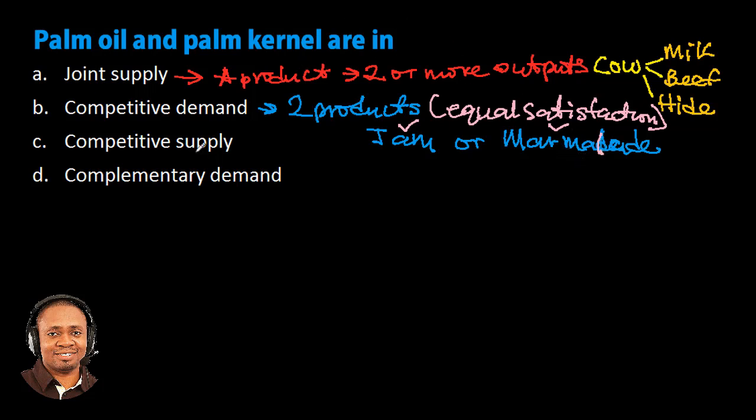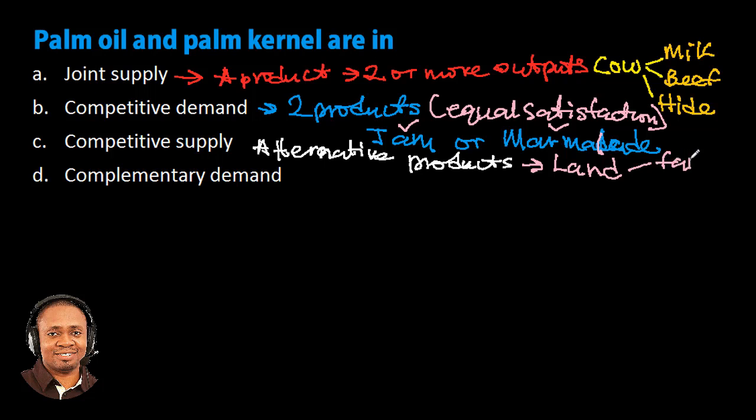Then what about the third option, competitive supply? Goods and services in competitive supply are usually alternative products. A very good example of this is a resource like land.